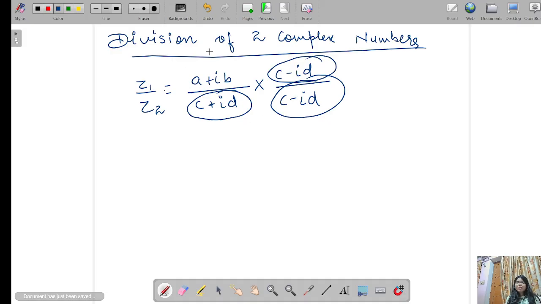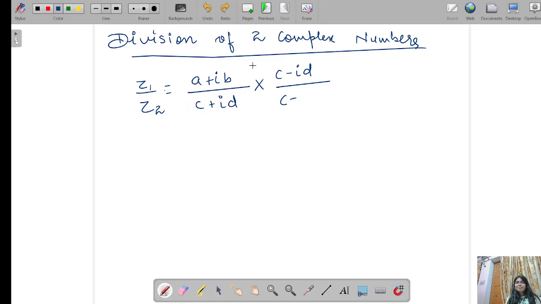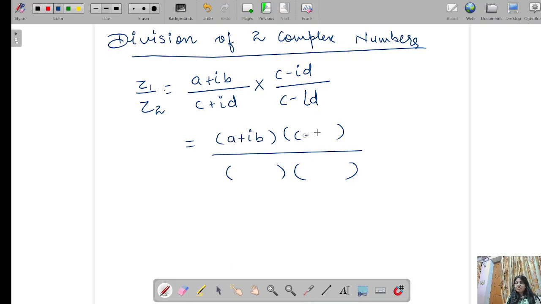Alright, so what I'm going to do next is multiply the numerator with the numerator and the denominator with the denominator. Now again using the distributive property on the numerator.